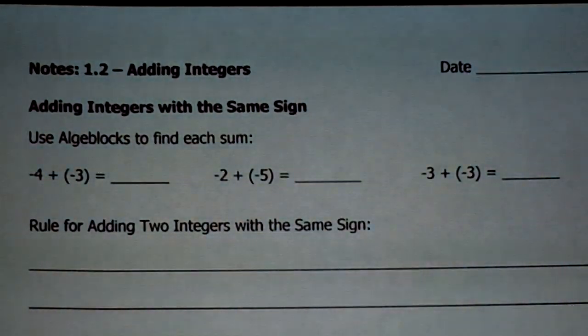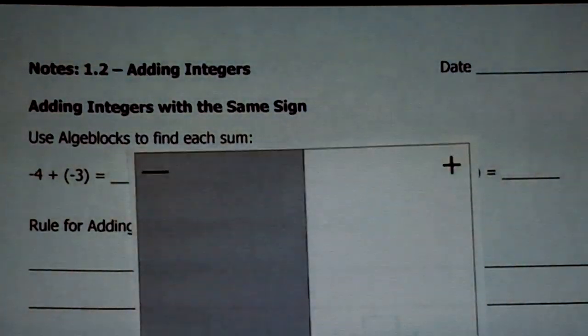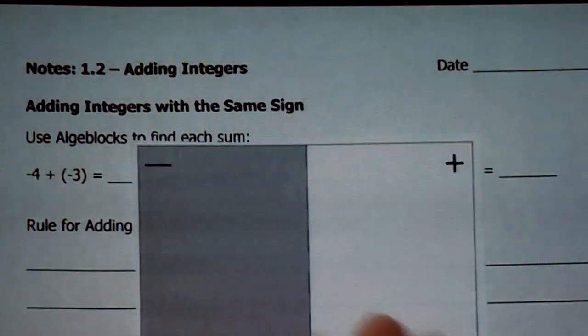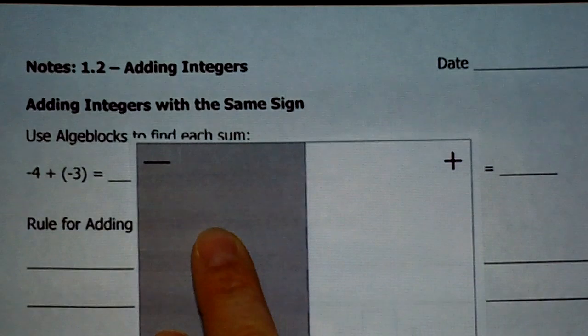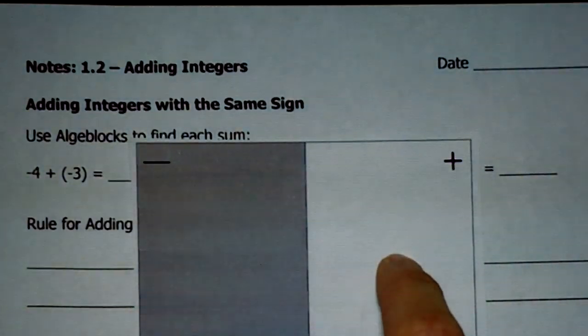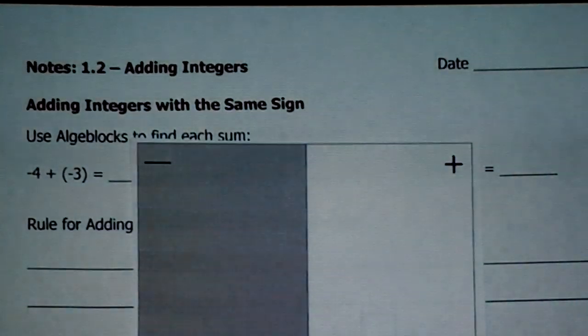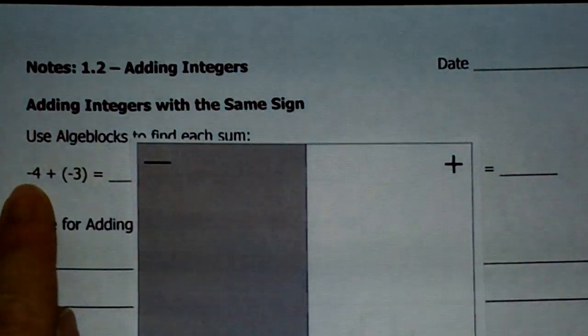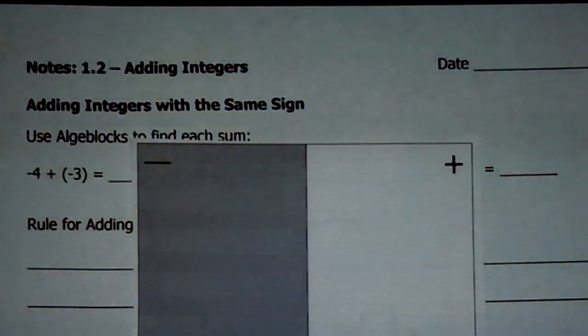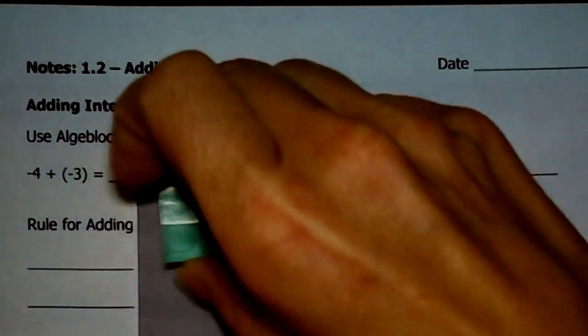I think this little algeblock mat right here is going to be very helpful. So we have a negative side of the mat and a positive side of the mat. Picture that, and you'll probably have done some of this in class. If I wanted to add a negative 4 plus a negative 3, add means combine, right? So I want to show a negative 4 on this mat.